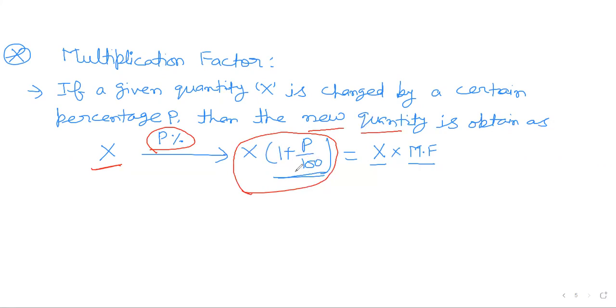This 1 plus P by 100 is nothing but the multiplication factor. X into multiplication factor.